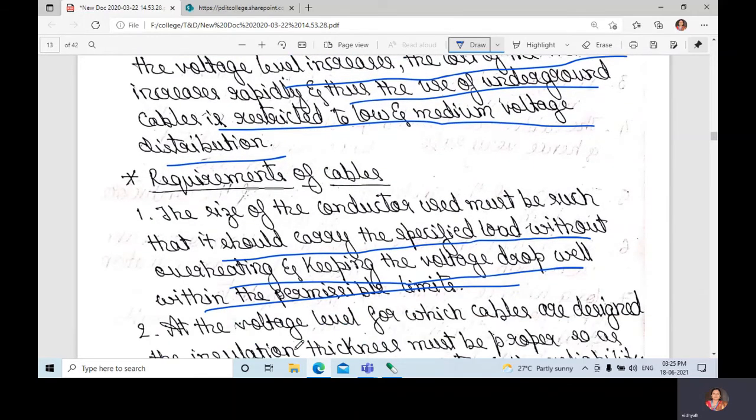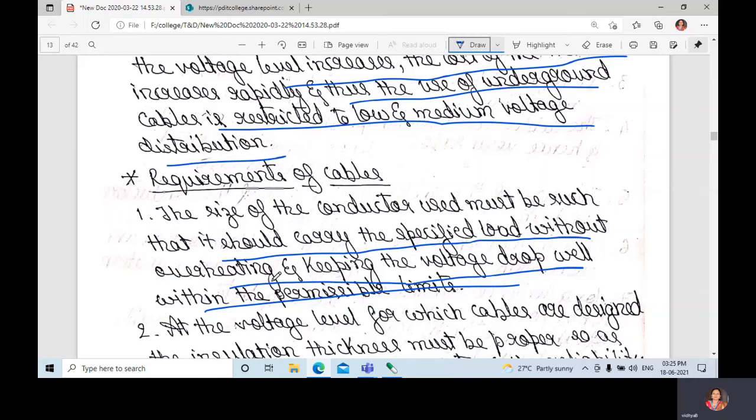What are the requirements of a cable? How should an underground cable be? The size of the conductor used must be such that it can carry the specified load without overheating.